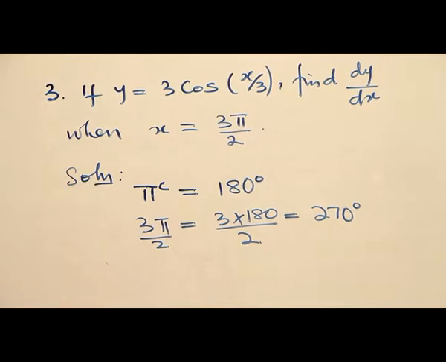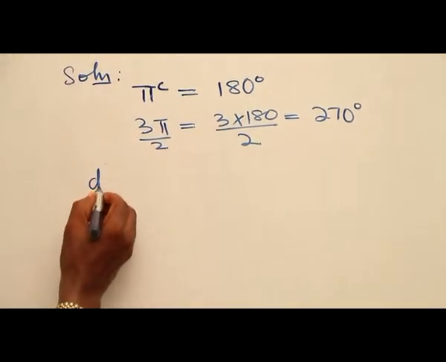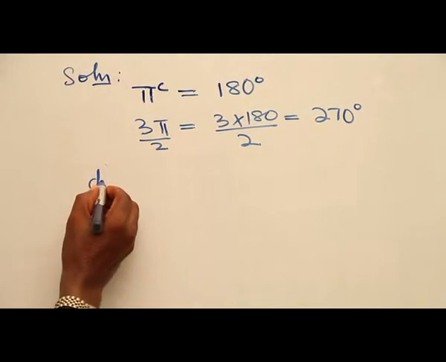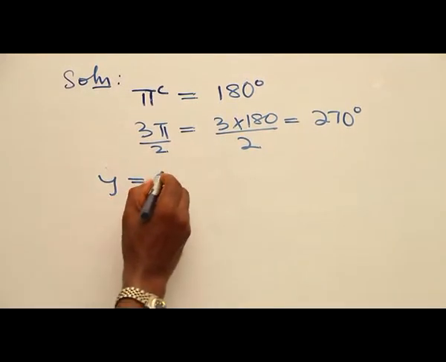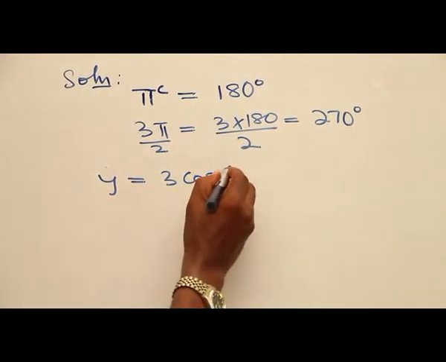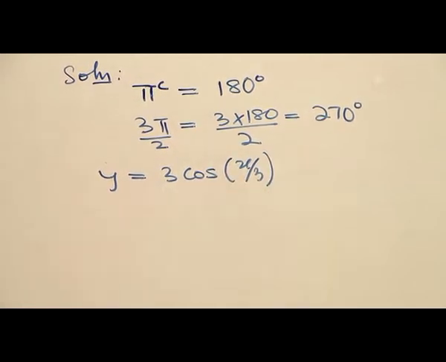So now, for us to find the dy over dx of the given expression, we have our y, for example, y is equal to 3 cos s over 3.